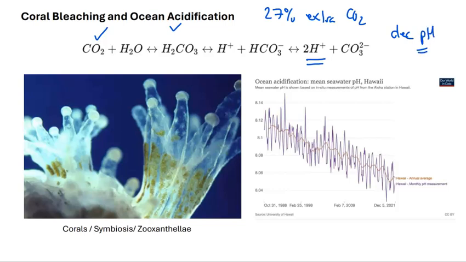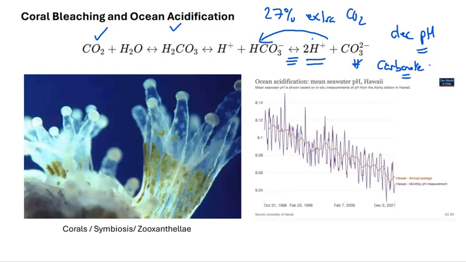Now, the particular impact here is that this acidification of the oceans shifts this particular last stage of this equation towards this direction, reducing the carbonate levels of the ocean.